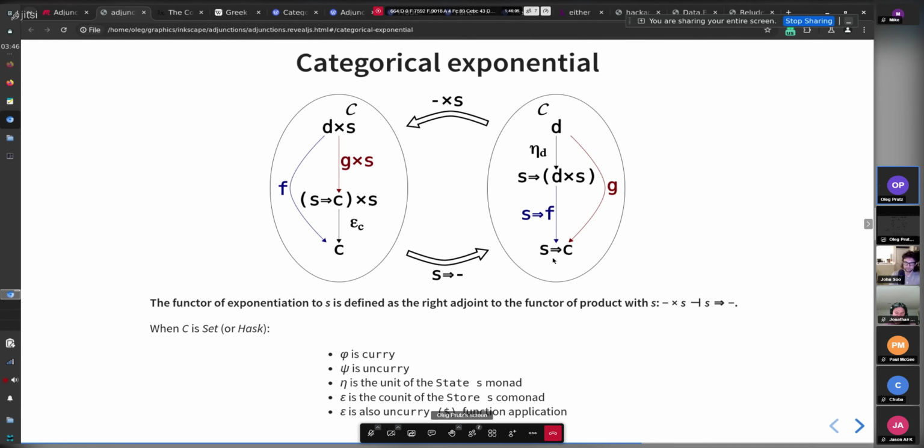So if C is the same category that is enriched too, this might also be an internal hom. I don't know if such a thing exists, a category enriched in itself. Yeah.